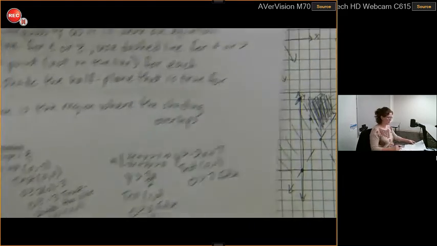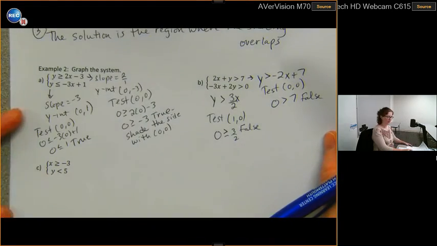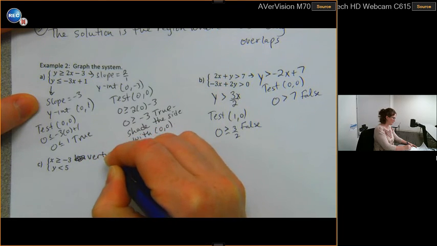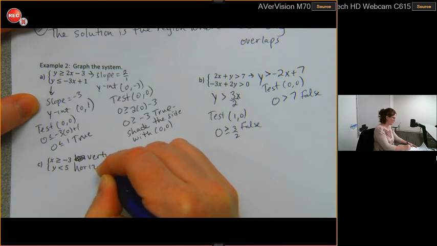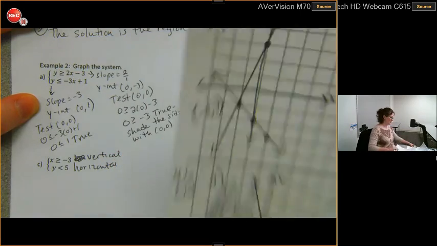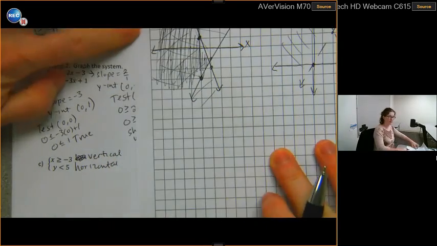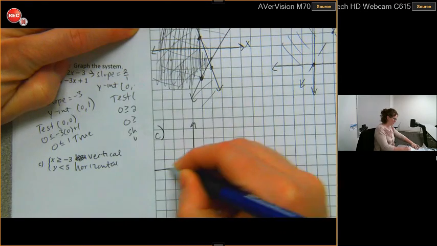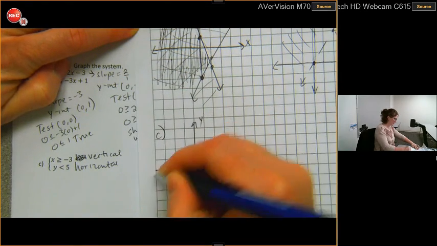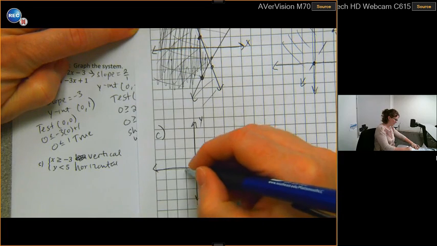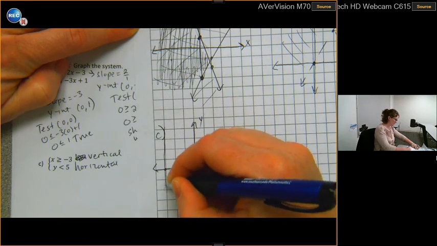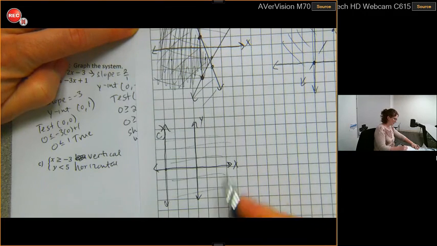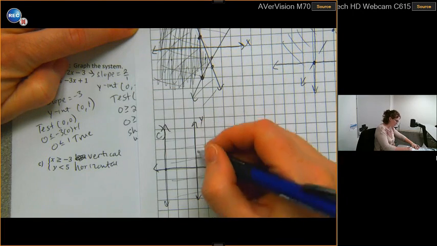And one more quick example. We're looking at a horizontal line and a vertical line. And so if I graph that vertical line at -3 on the x-axis, it's a solid, and it's greater than, so it's shaded this way. 1, 2, 3, 4.